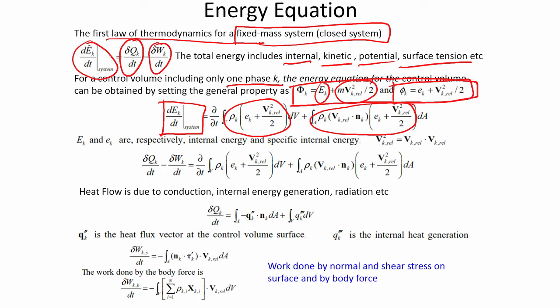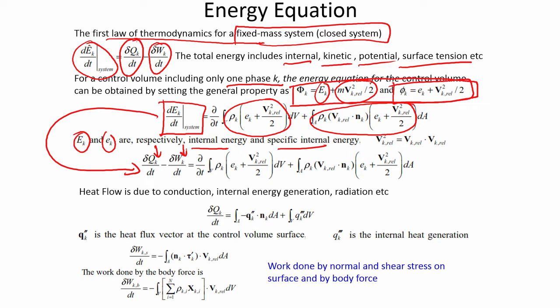So, these are basically the internal energy and the specific internal energy, capital E k and small e k, right. So, substituting this over here, where we are bringing in the q k and the w k term, the same expression is kind of valid.